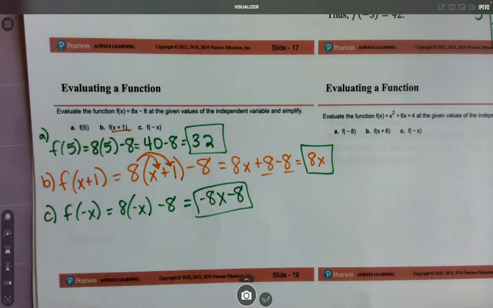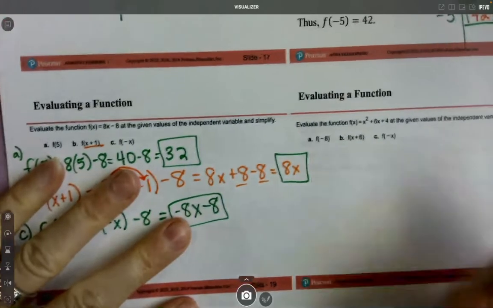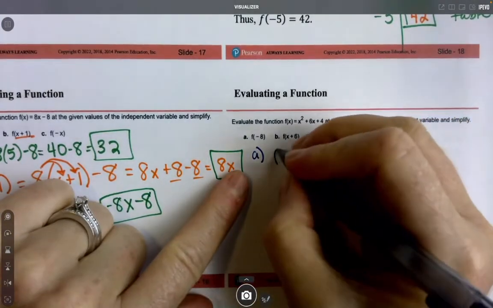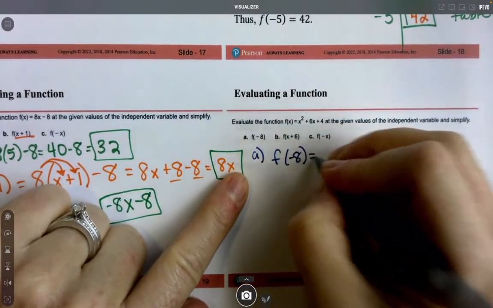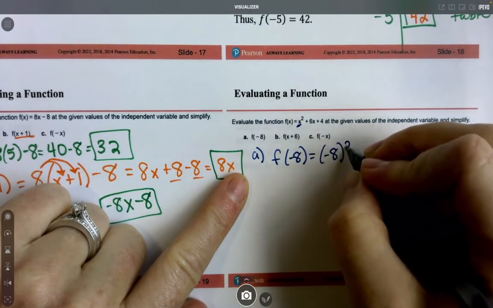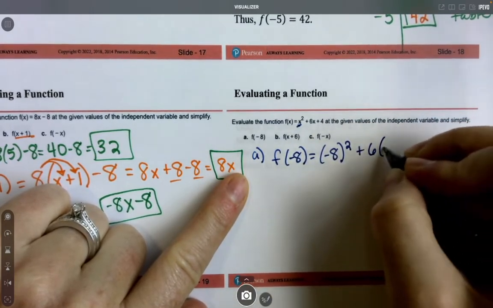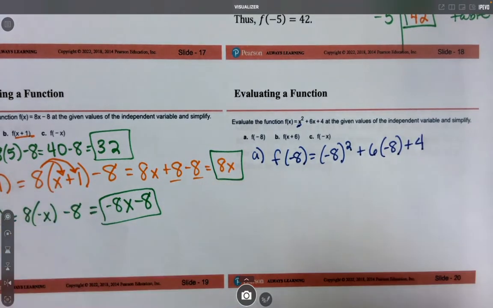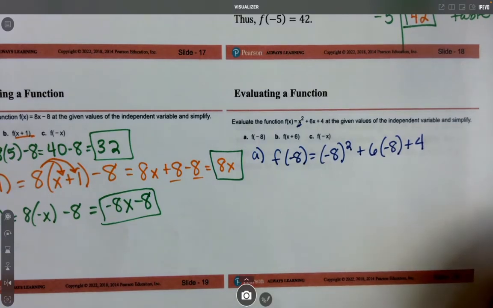This one is an x squared problem, which is quadratic. So A, f of negative 8. So we are going to substitute in a negative 8 for x. So we can simplify that by hand. We can use our calculator.